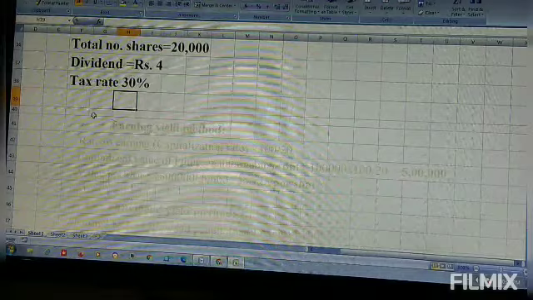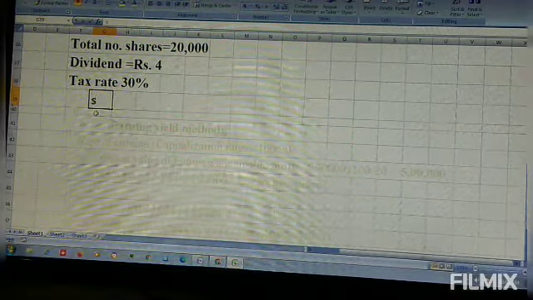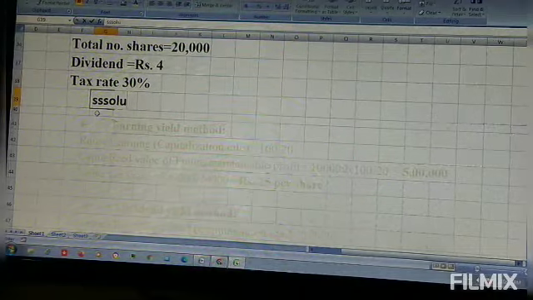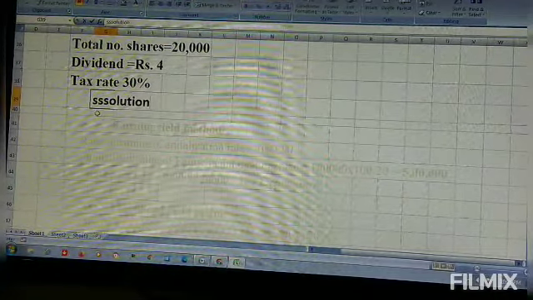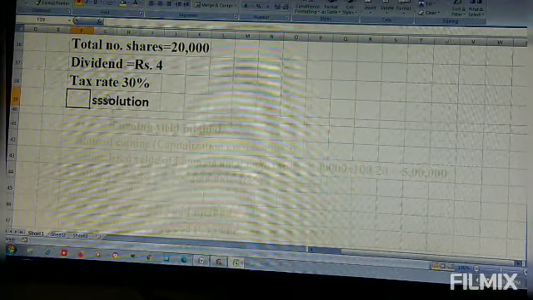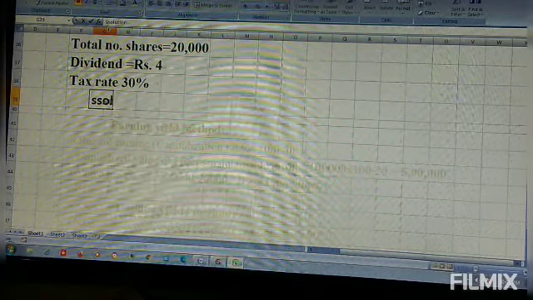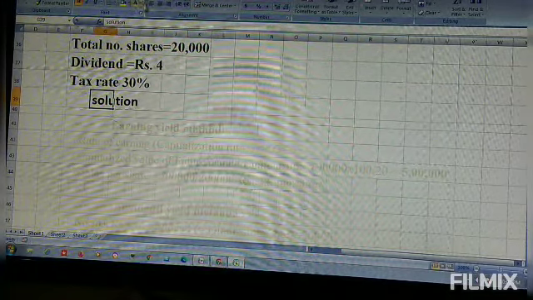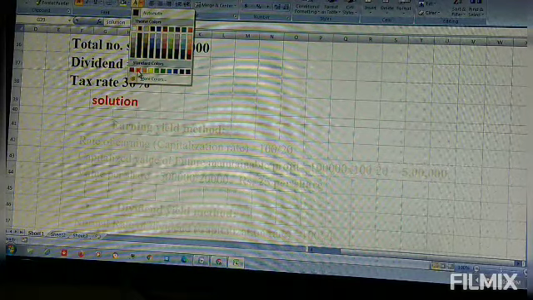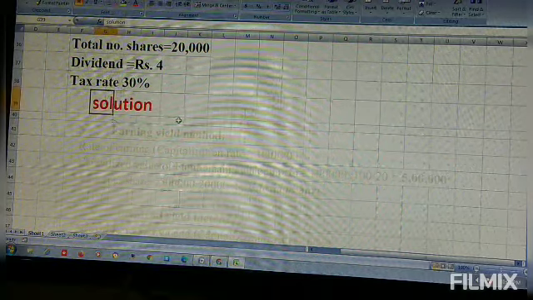If you don't want to, you can just solve it simply. I am writing the solution. Okay, yes. Now let me highlight the solution. Yes, here it is, the solution.